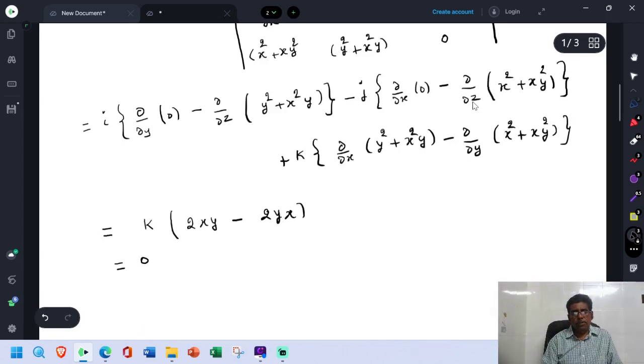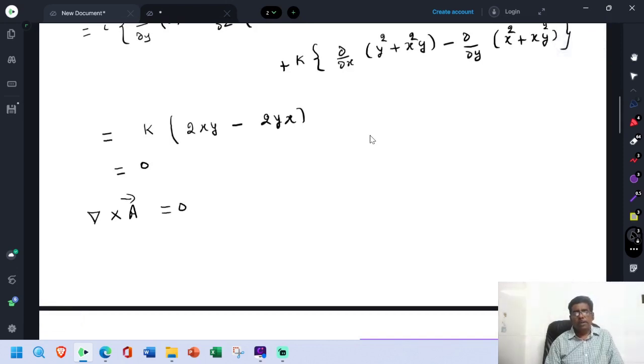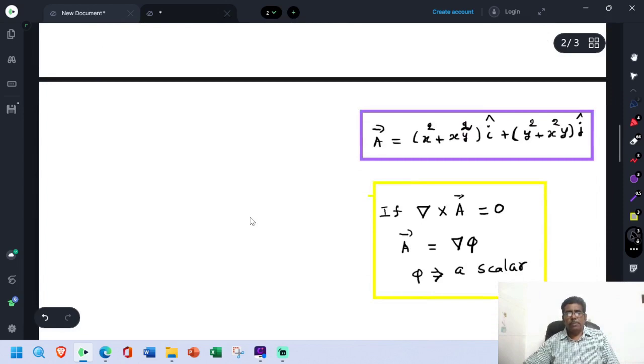This is also 0. 2xy minus 2yx equal to 0. Therefore, del cross A equal to 0. Now we have proved that the vector A creates an irrotational field since curl of the given vector equal to 0. Now we have to find out the value of the scalar potential pi.